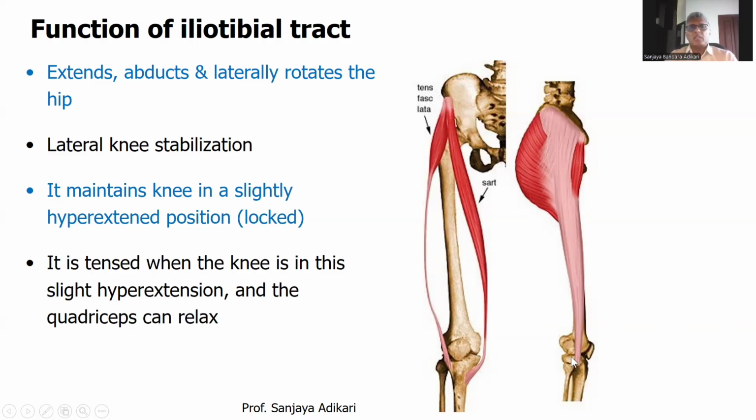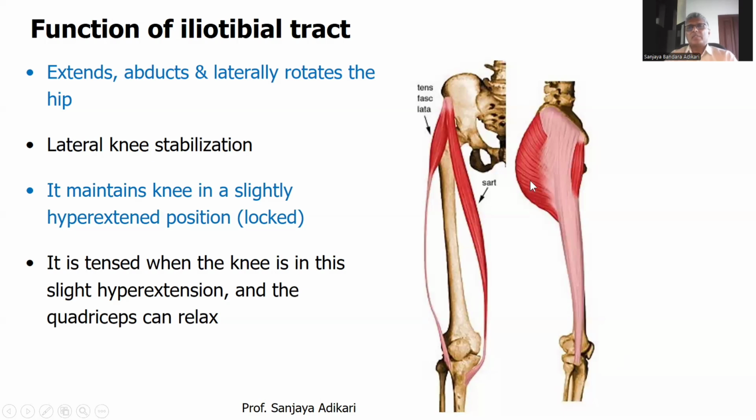And the other important thing, which we will again talk about during locking of the knee joint, is that this plays an important role because when you slightly hyperextend the knee joint during locking, the relative position of the iliotibial tract and the center of the knee joint changes. This iliotibial tract passes in front of the knee joint, and therefore the force applied by the contraction of these two muscles passes in front of the knee joint after locking.